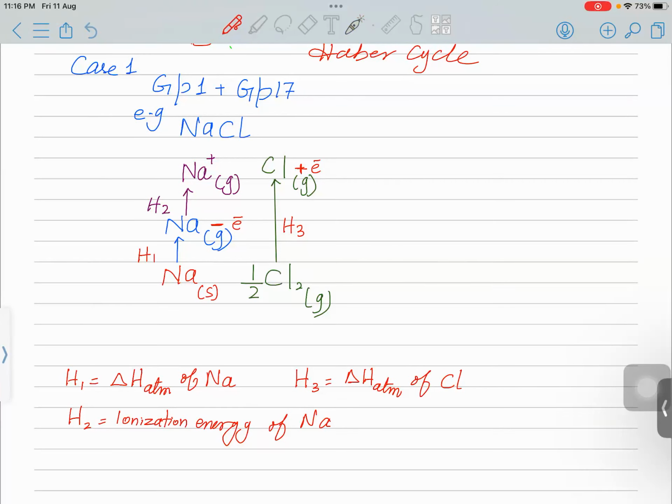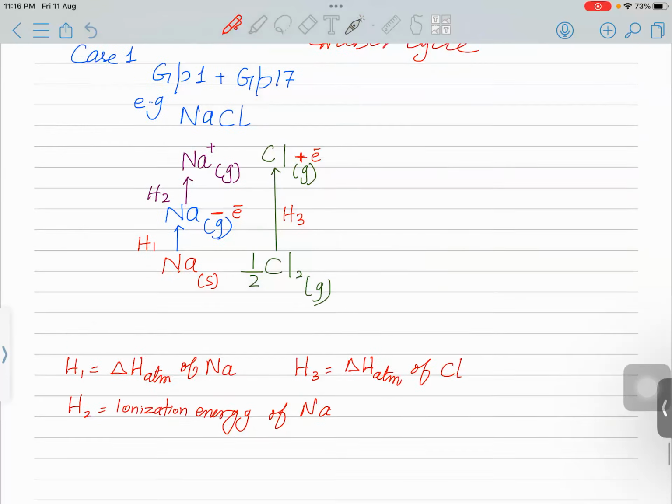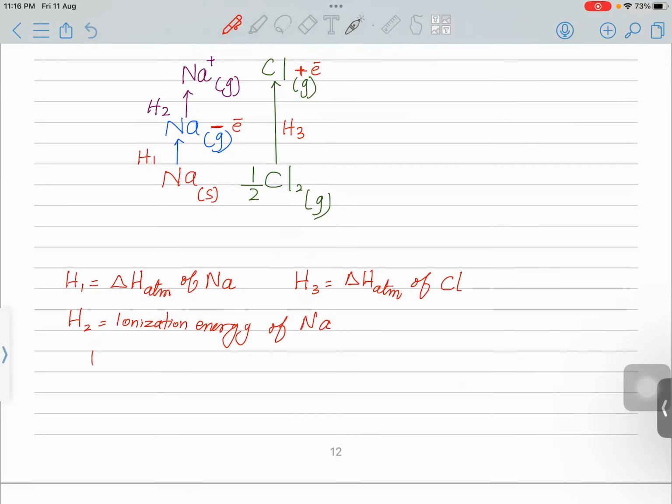Now remember one thing, upward arrow means endothermic. Atomization is endothermic, ionization is endothermic. That's why I wrote the upward arrow.